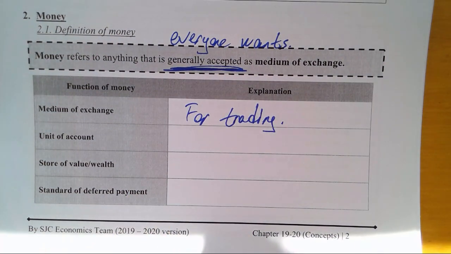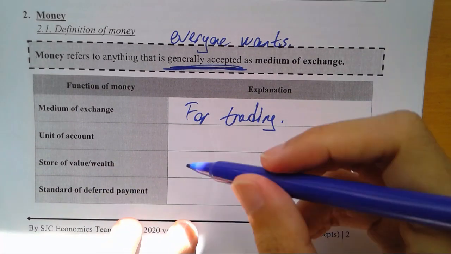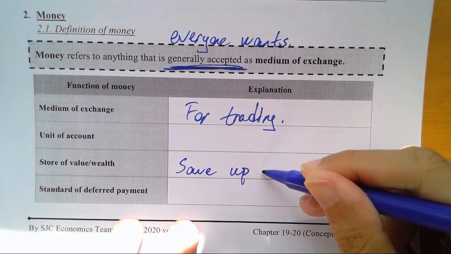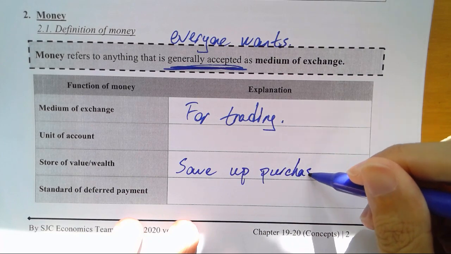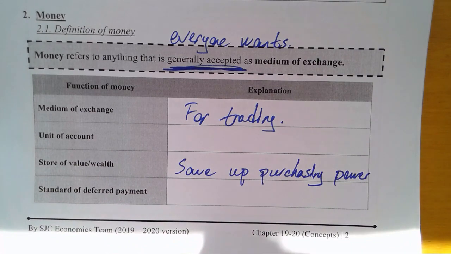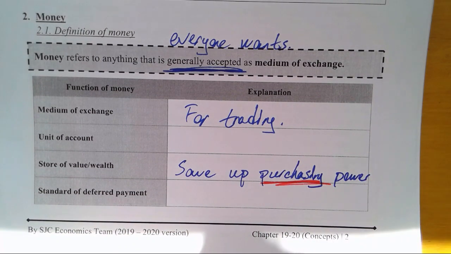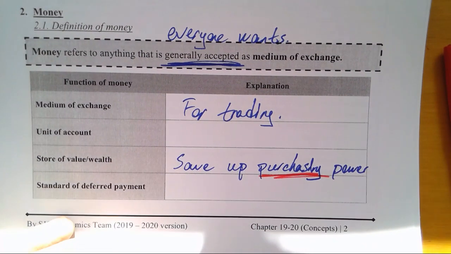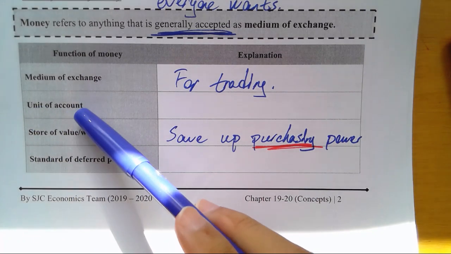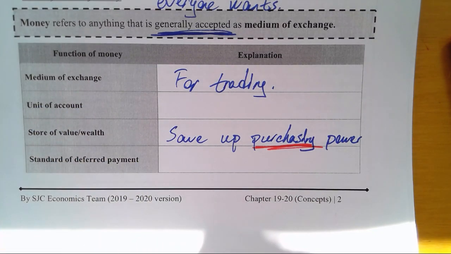Okay, medium of exchange. Now, second one, okay, let's go to a store of value. Okay, now when you save up money, what are you saving up? You are saving up your purchasing power. Remember, the keyword here is the purchasing power. So when you answer question regarding store of value, you say something about purchasing power. 嗱，呢兩個容易嘅，唔解啦。嗱 unit of account, okay, what does it mean by unit of account?